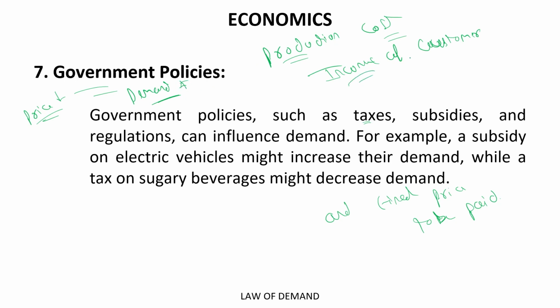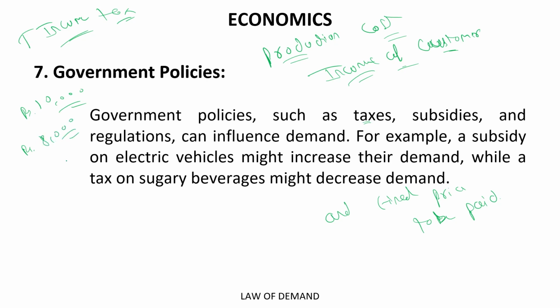The second condition is the income of the consumer. If the government has imposed more income tax, suppose a person was earning rupees 10,000 per month, but after the new taxes he is only able to get 8,000 per month. So what will happen?